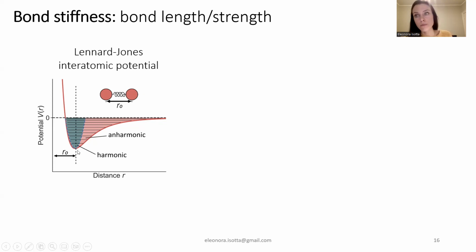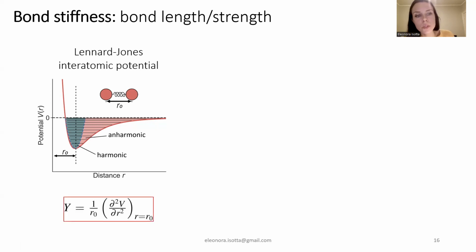At some point, we reach a minimum, and beyond the minimum, in this portion of the curve, we will have repulsive interaction. This minimum defines the equilibrium distance, where the atoms will sit at equilibrium. Elastic moduli happen to be proportional to the curvature at the bottom of this interatomic potential.